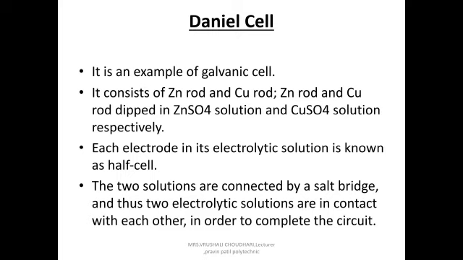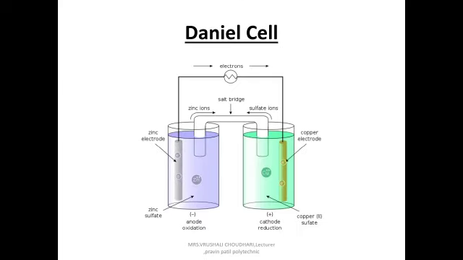It consists of a zinc rod and a copper rod. Zinc rod we are dipping in zinc sulfate, while copper rod in copper sulfate. The assembly where one metal is dipped in a salt solution is called a half cell. So there are two half cells, and these two half cells are connected by using a salt bridge and externally with the help of a voltmeter to complete the circuit.